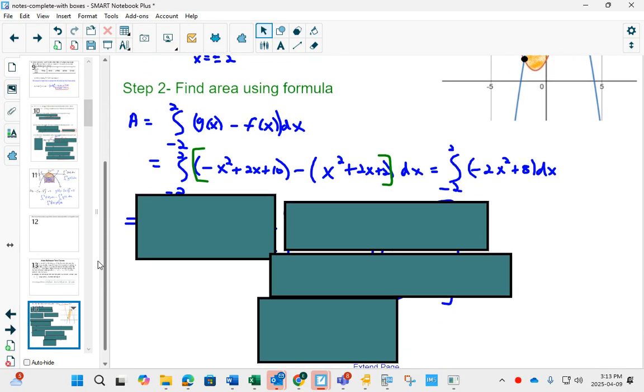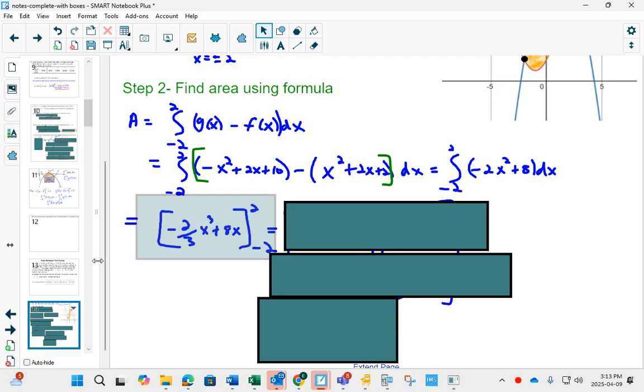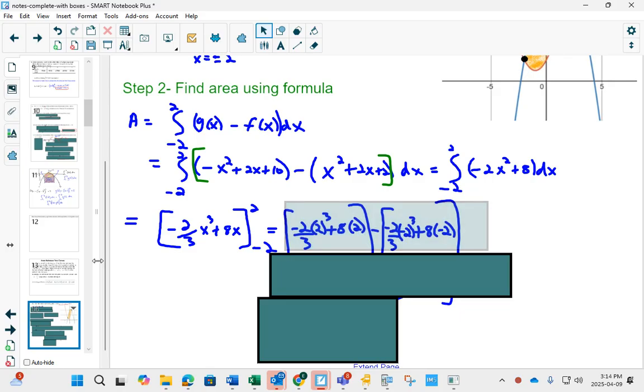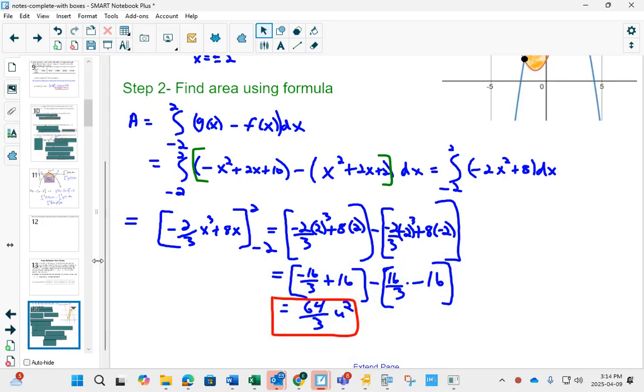And each of these integrals are easy to find, so we can write out the proper notation for finding the definite integral, plug in our values. You can probably skip that part. You can write it if you want, but you can just write down the answer, because it's just mental math.